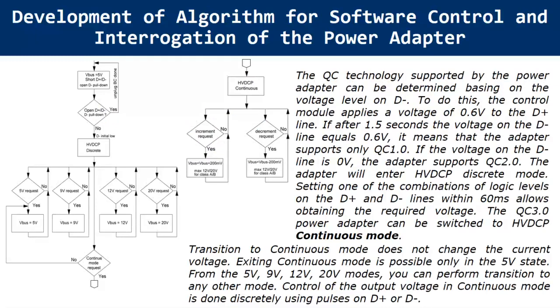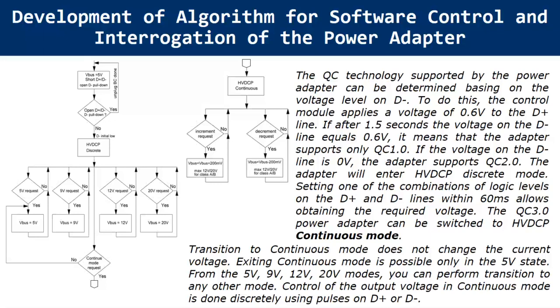The QC technology supported by the power adapter can be determined based on the voltage level on D-. To do this, the control module applies a voltage of 0.6 volt to the D+ line.